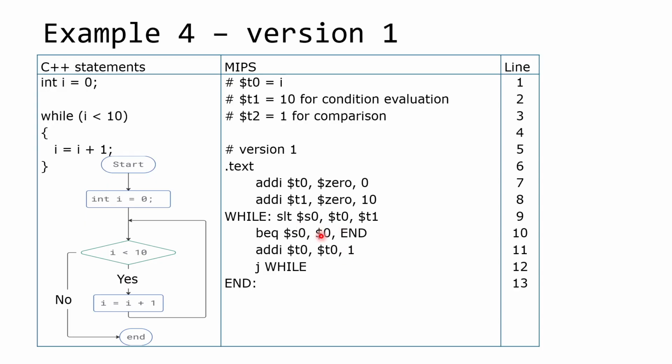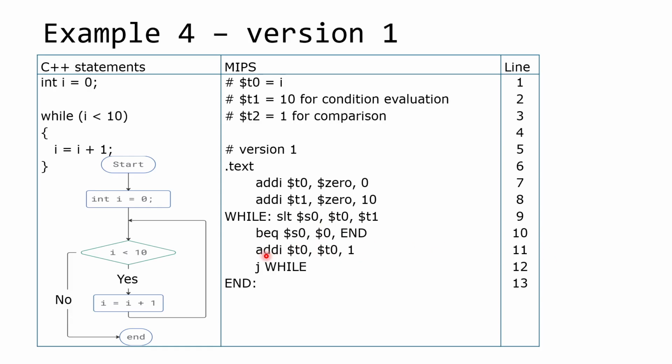If it's 0, that means false, because S0 contains 0 when it's false, and here you will end the loop. At the moment it does not end, because S0 is 1, and 1 is not equal to 0, so we will not take the branch and continue with the next instruction.